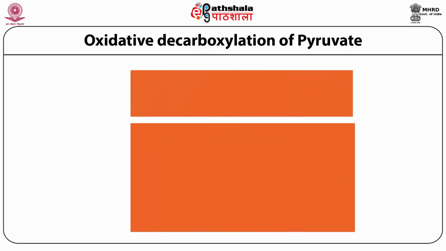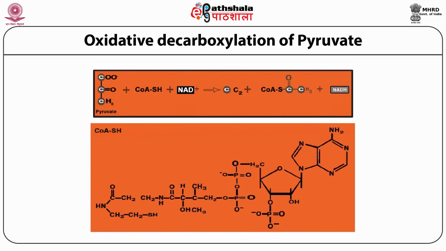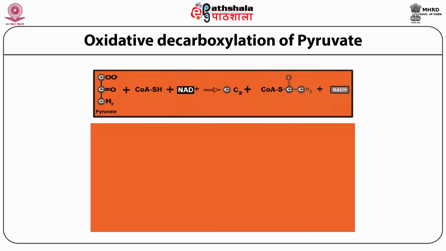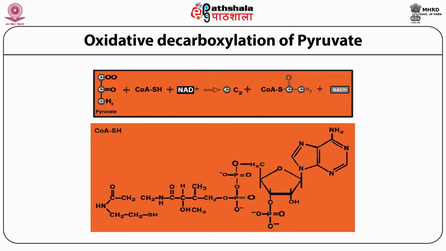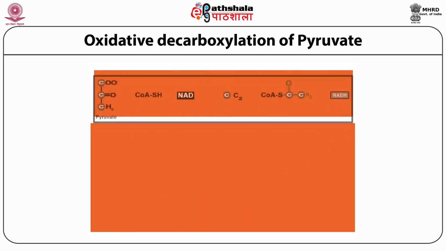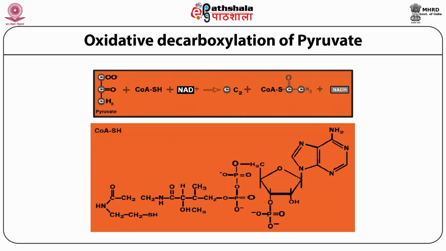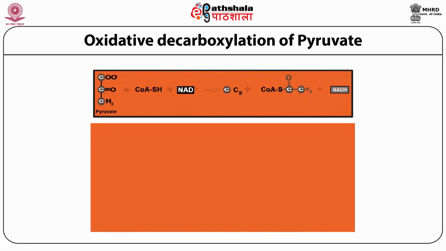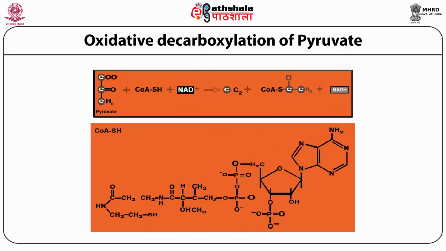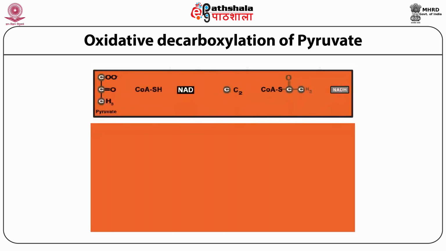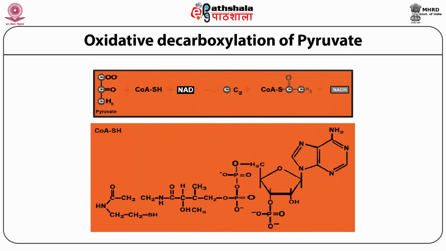This oxidative decarboxylation step is very important because it converts the pyruvate into acetyl coenzyme A, and actually this acetyl coenzyme A enters into the TCA cycle. Over here, 1 molecule of NADH is formed. So dear friends, glucose is converted into 2 pyruvate molecules. Now these 2 pyruvate molecules undergo decarboxylation steps to generate what? 2 NADH.